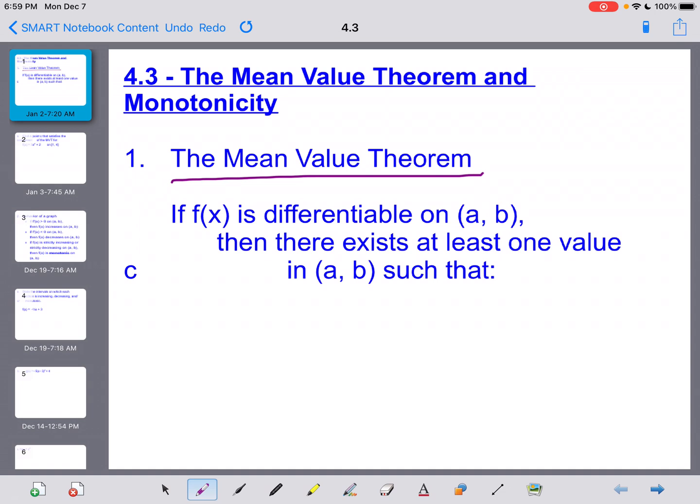Now, the mean value theorem, which we will abbreviate as MVT, is the second of the three big theorems that we talk about in first semester calculus, everybody. The first one we discussed was the extreme value theorem back in section 4.2.